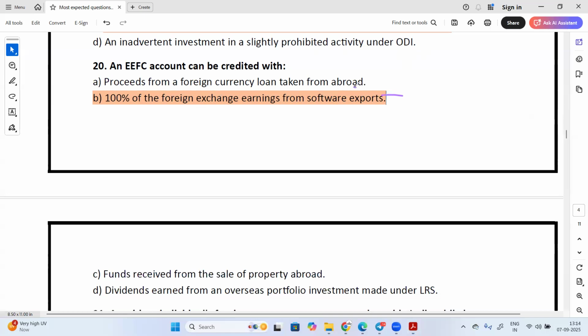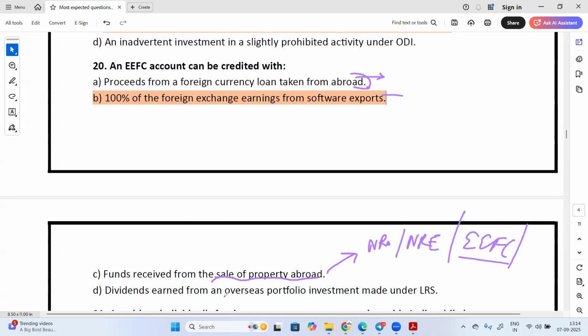So loan taken abroad is there, that can also be credited, but they have not given proper guideline about that. Funds received from the sale of property abroad. If any sale of property is happening abroad, it will go to the NRO or NRE account of the customer, not in EEFC account, because EEFC account is for export purpose.